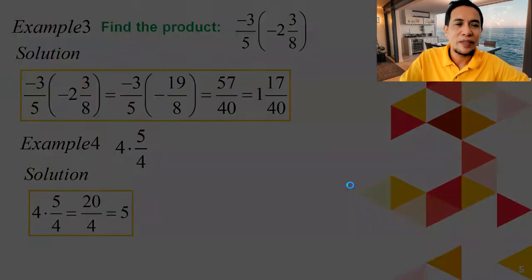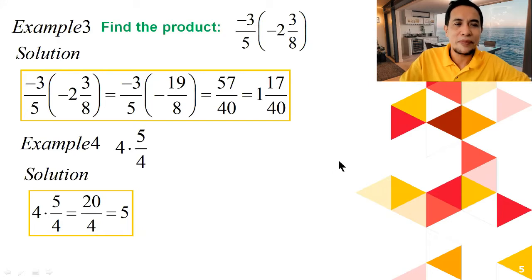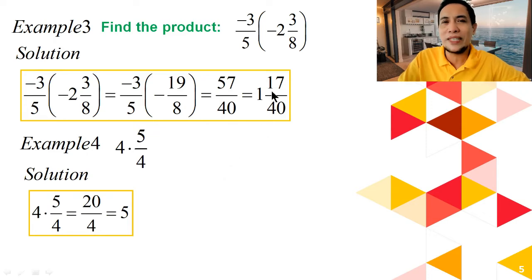Example number 3. Find the product of a negative fraction and a negative mixed number. By the rule on how to multiply integers, these are signed numbers, negative times negative.